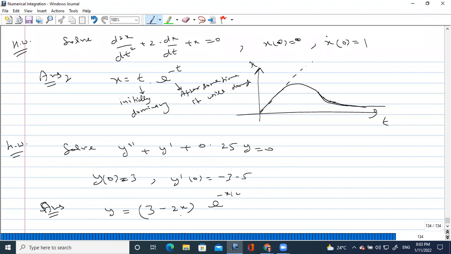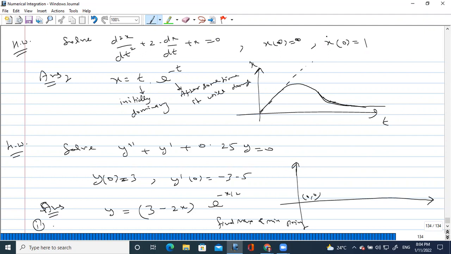Here, in such type of case also they can ask you for the curve. For that curve, you have to find the maxima and minima points. You know how to draw the curve. At x equal to 0, what is the value?